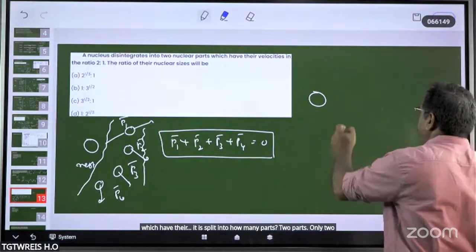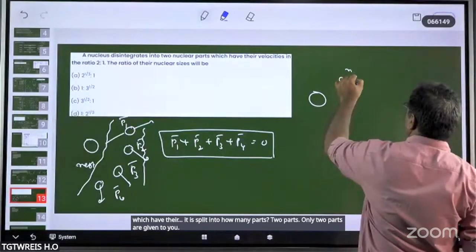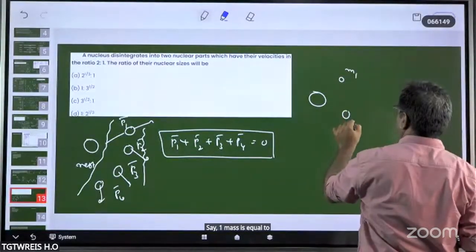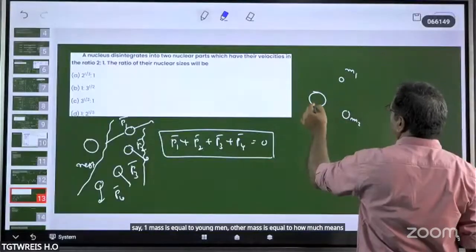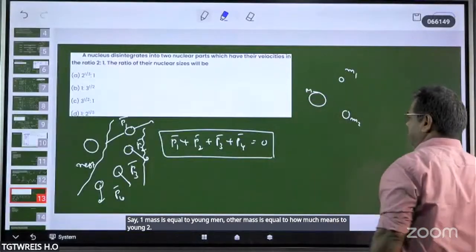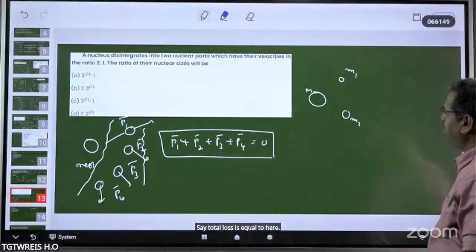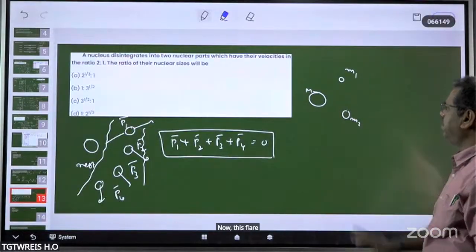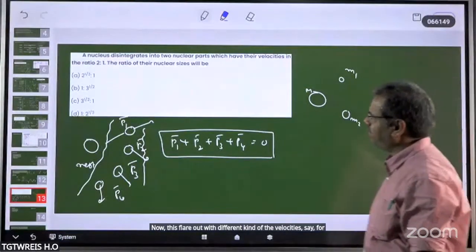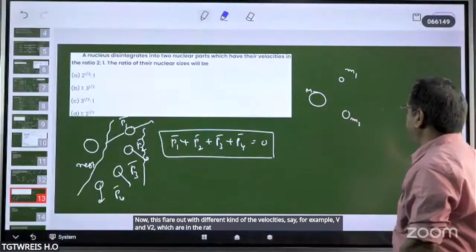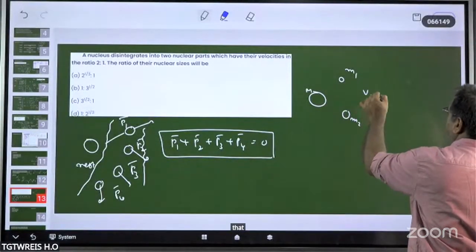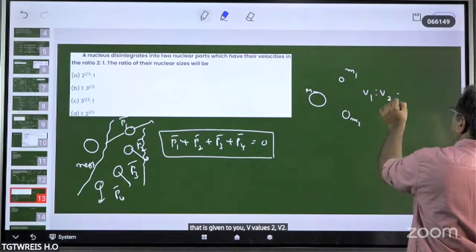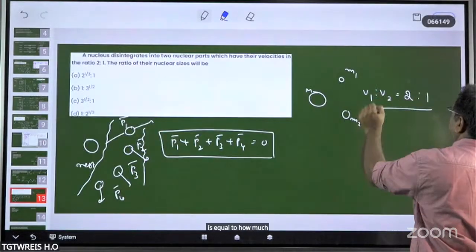Say one mass is m1, the other mass is m2, and the total mass is m. Now they fly off with different velocities, say v1 and v2, which are in the ratio 2:1. That is given to you: v1 is to v2 is equal to 2:1.